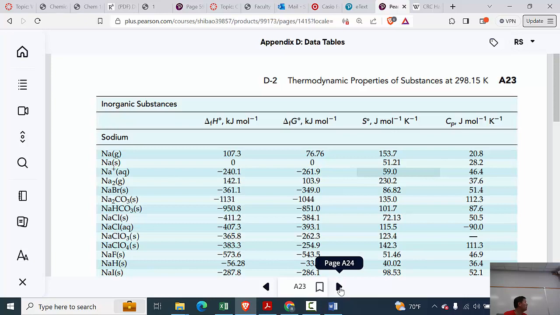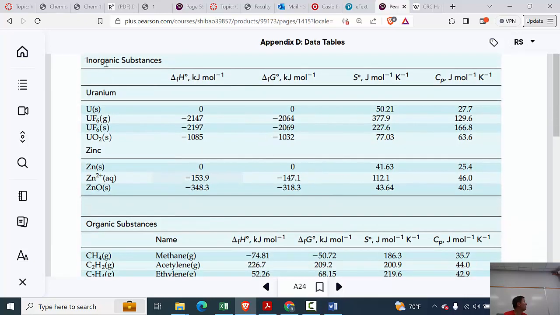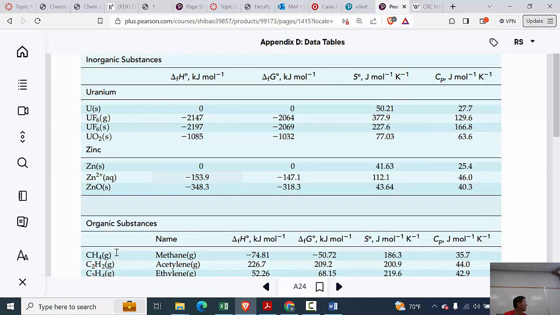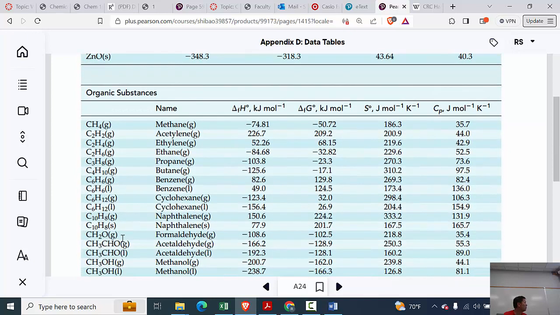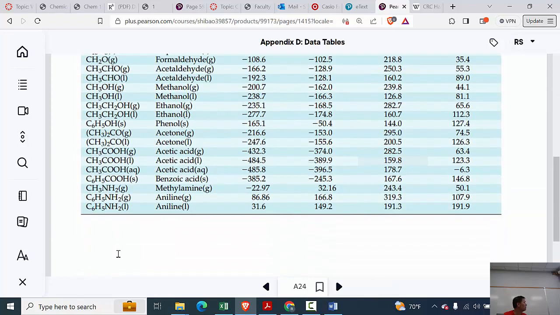So let's go back to this table and look for the organics. You can see here inorganic substances, and now we have the organics. Organics are these hydrocarbon-based structures here. We have a lot of amines here, not a lot. We have methylamine, aniline, which is a ring structure.